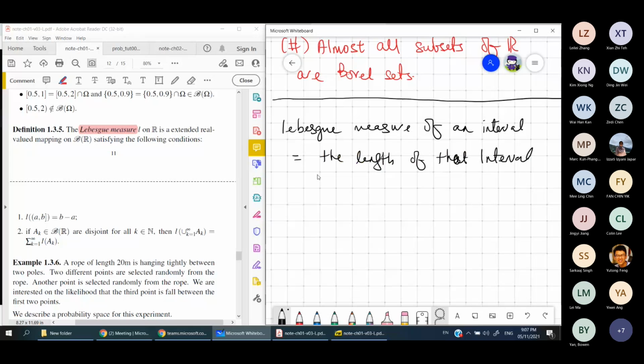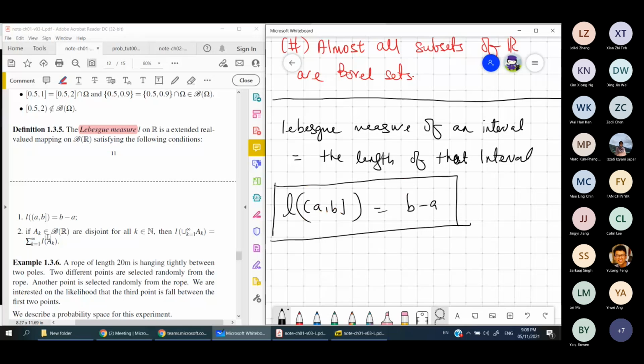Okay, you may put it this way: the Lebesgue measure of an interval will be the length of that interval. So that means the Lebesgue measure for the interval (a, b) will be b minus a. Let's see what happens if we consider a non-interval.